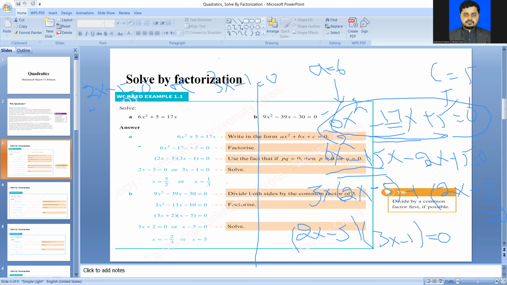This gives us 2x equals 5, so x equals 5 by 2. And this gives us 3x equals 1, so x equals 1 by 3.